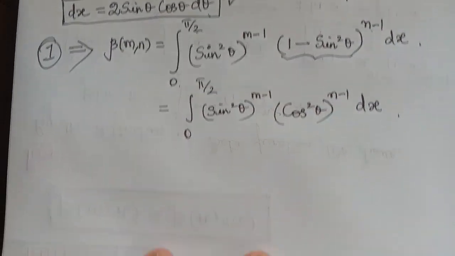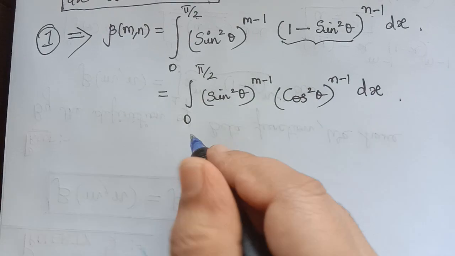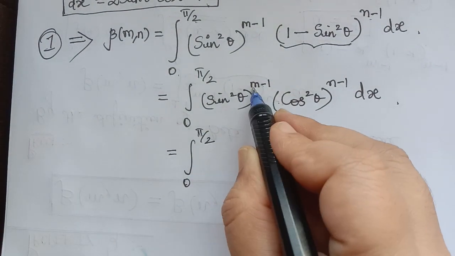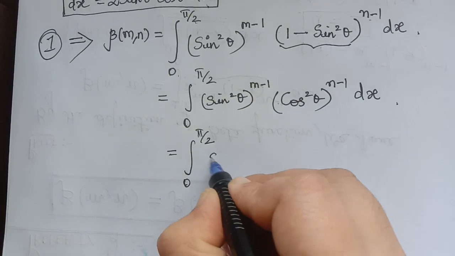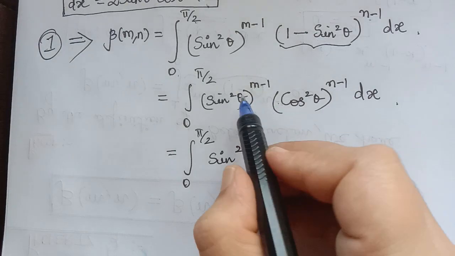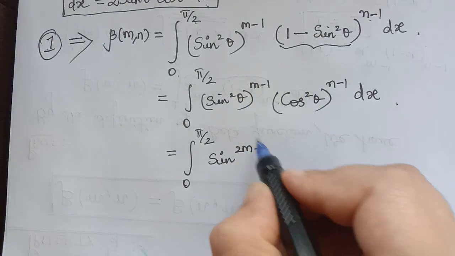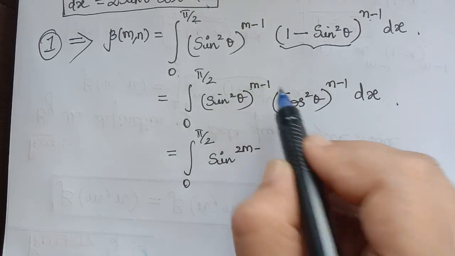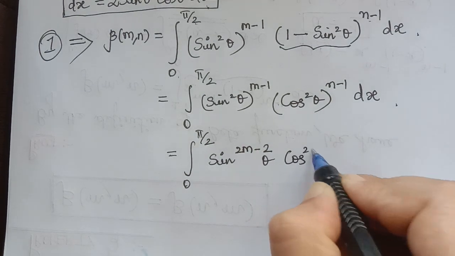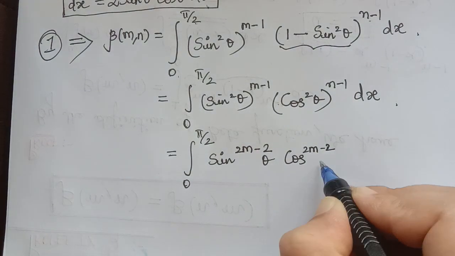So now we will multiply these powers. So that will be equal to integral 0 to pi by 2, sine to the power, when you multiply 2 with m minus 1, it will be 2m minus 2, so sine to the power 2m minus 2 theta cos to the power 2m minus 2 theta.